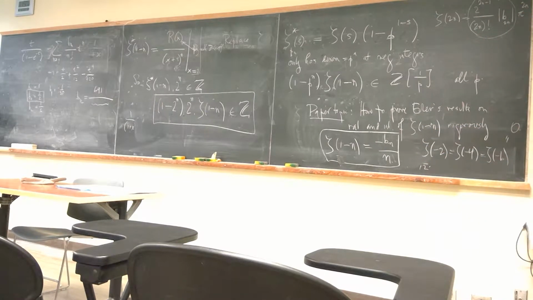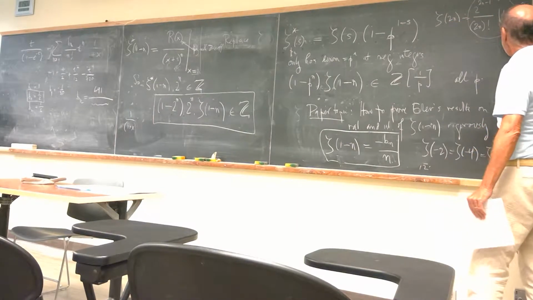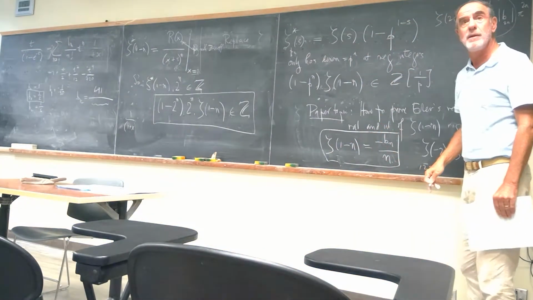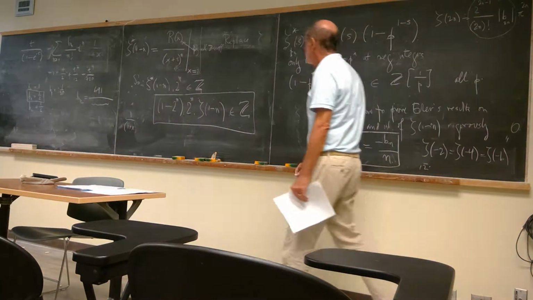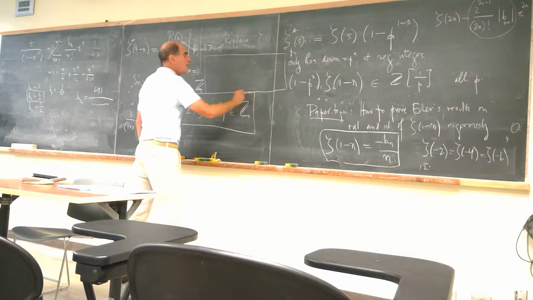This formula only holds for even integers, but it was too much for Euler because he noticed that the value at zeta 2n, which had a b2n in it, was close to the value of zeta at 1 minus 2n, and that led him to guess this functional equation, which was later proved, and we're going to do it in the course, by Riemann.